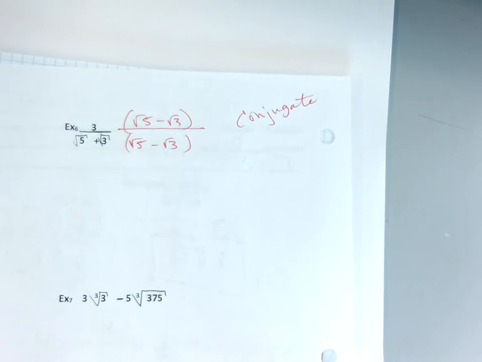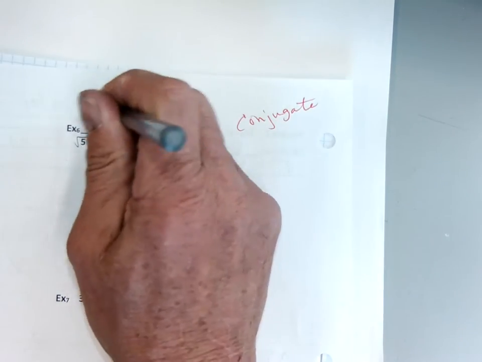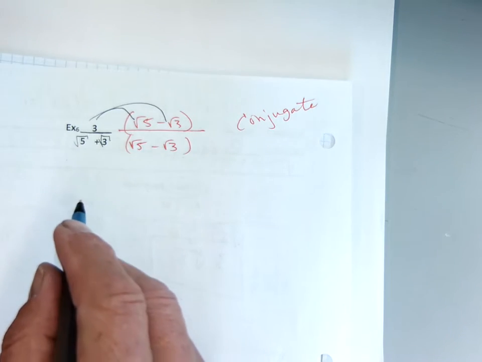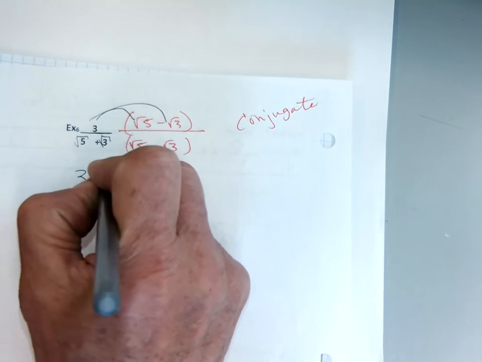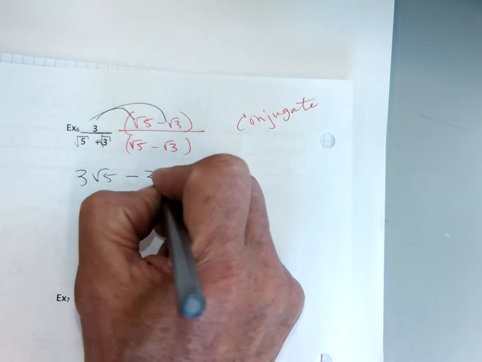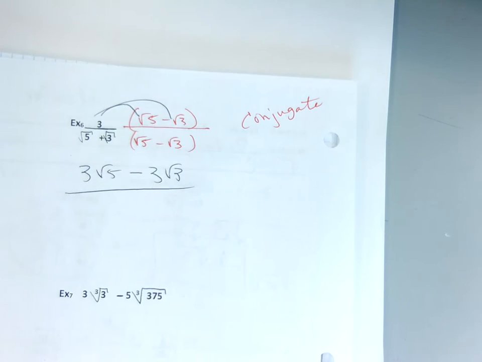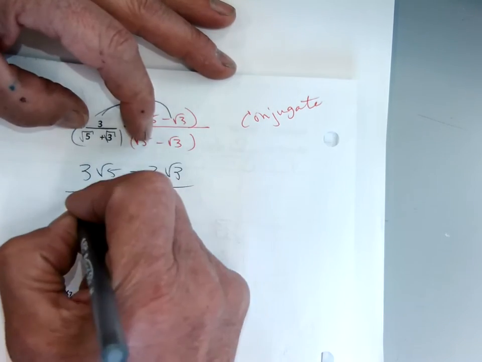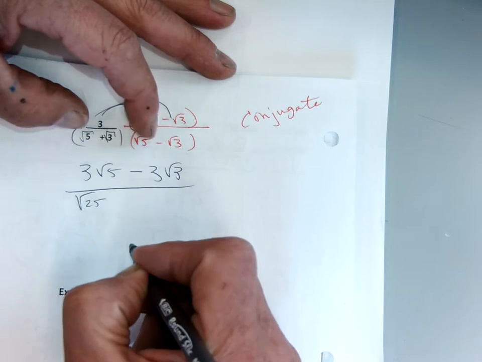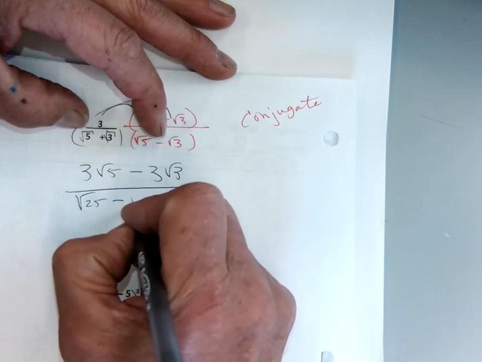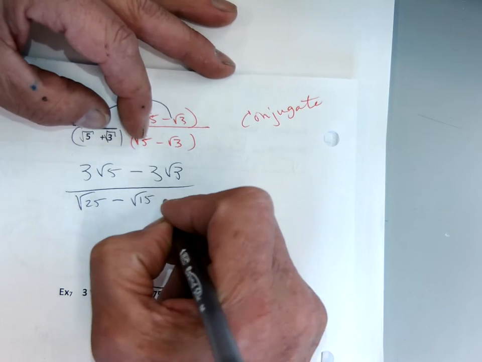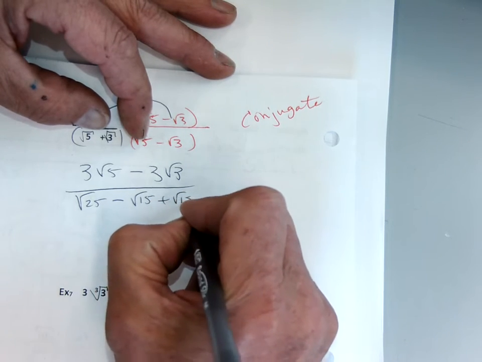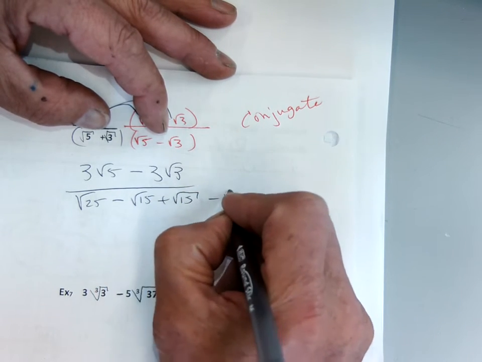I'll go this times this, this times this. 3 square roots of 5 minus 3 square roots of 3. That's what that is. And on the bottom, I get the square root of 25 minus a square root of 15 plus a square root of 15 minus a square root of 9.